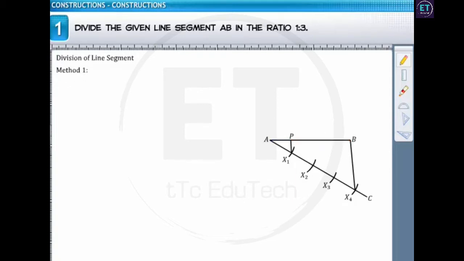Now, let us verify this construction mathematically. In the triangle ABX4, we know x1P is parallel to x4B. Thus, using the basic proportionality theorem, the ratio AX1 upon x1x4 is equal to the ratio AP upon PB.